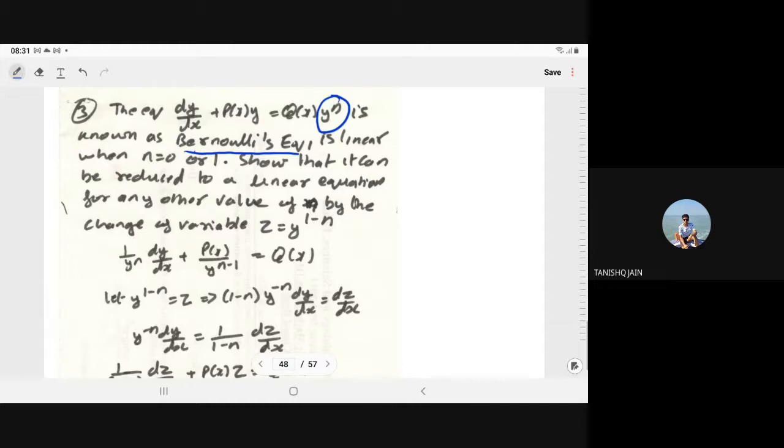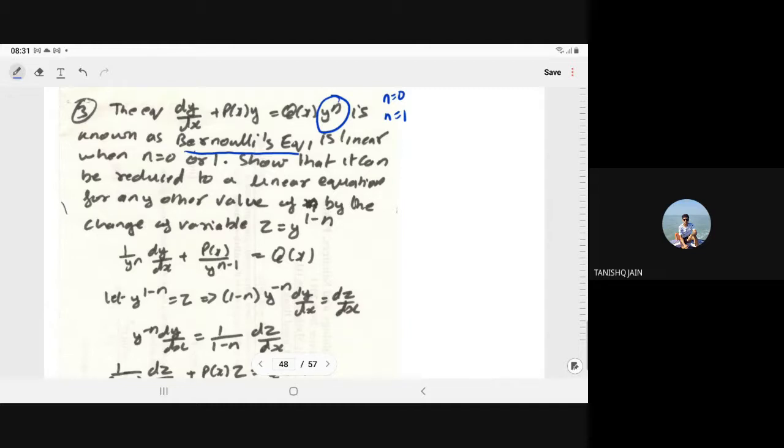Now, when we take n equal to 0, this equation becomes dy by dx plus p(x) y is equal to q(x). That is your standard linear equation. When we take n equal to 1, it becomes dy by dx plus p(x) minus q(x) into y is equal to 0.